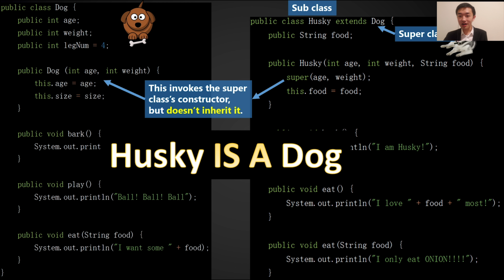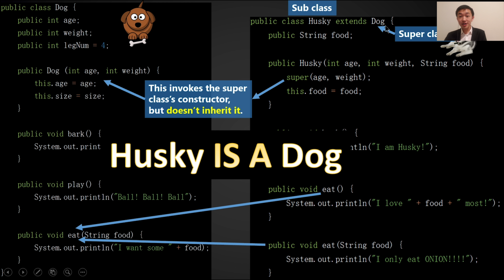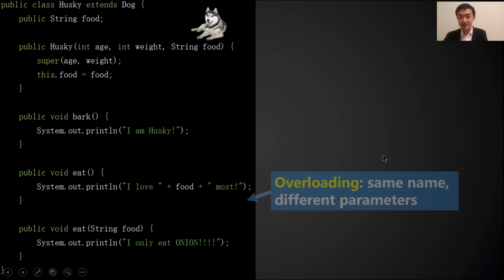And for an illustration of the is-a relationship, we need to know that husky is a dog to actually make it extend dog. But there is something interesting: as you can see, husky has 2 eat methods. What is happening here? Let's take a quick look at the husky class.